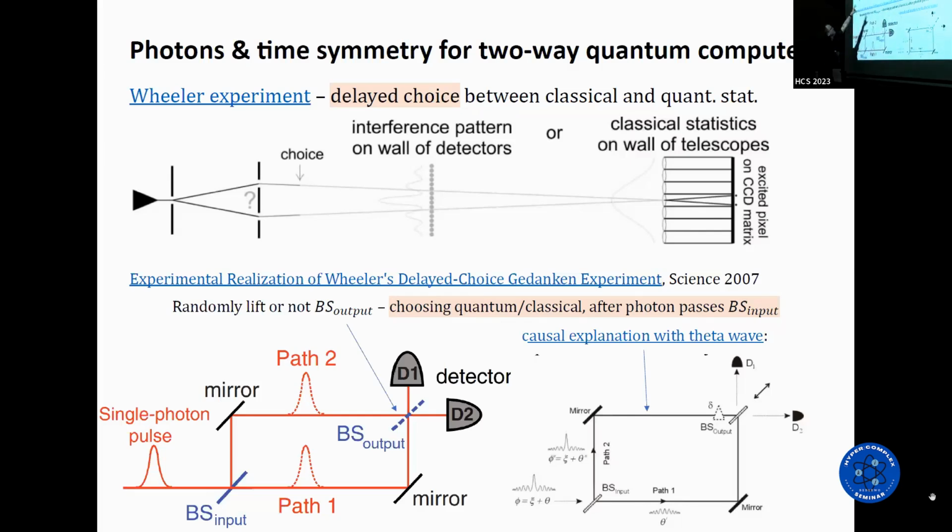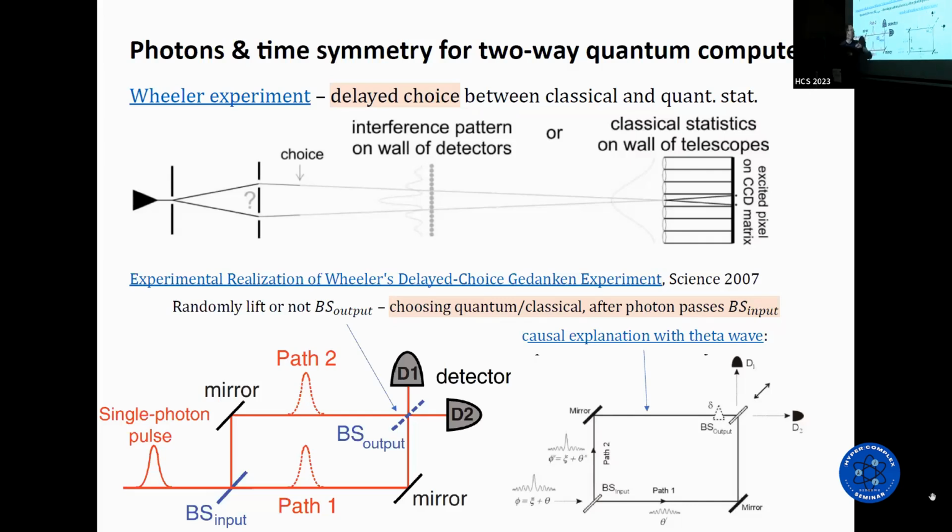By switching between detectors, you can switch between classical and quantum behavior. In the realization, the question is whether this mirror was lifted or not. If it's lifted, then you have classical behavior of photons.